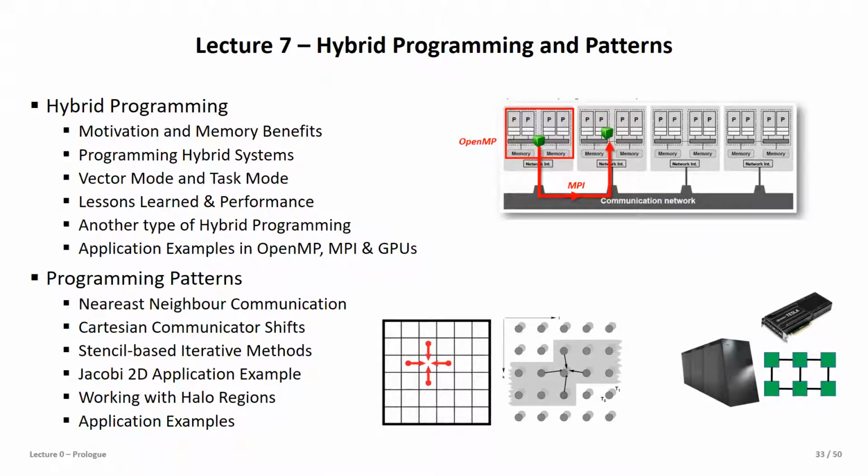You will have different vector and task modes to think about, and today you may even want to combine GPUs, so you would also have device memory that needs to be filled at a certain point in time to upload it to the GPUs, and certain things like this.